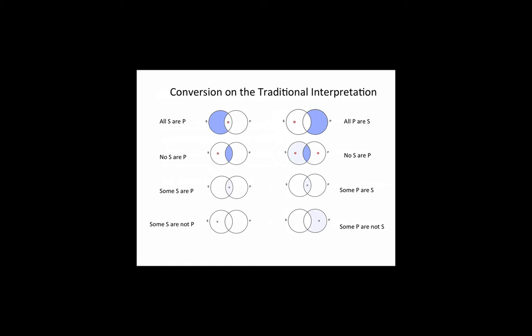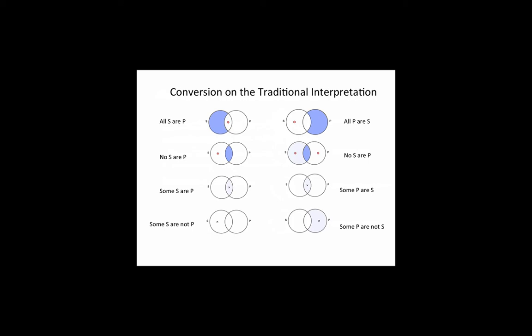Notice that conversion on the traditional interpretation forces us to restrict the A proposition, or to limit the A proposition to an I. So we first make the move from A to I, then we see that the conversion is equivalent to the original I proposition.